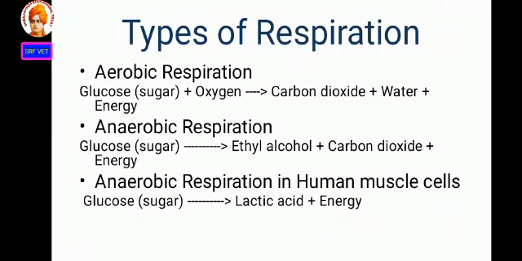The next one, anaerobic respiration in human muscle cells. Anaerobic respiration can occur in human muscle cells too. Sometimes, when we exercise heavily, the body cannot supply enough oxygen to the muscles to completely break down sugars into carbon dioxide and water. At such times, the muscle cells respire anaerobically.